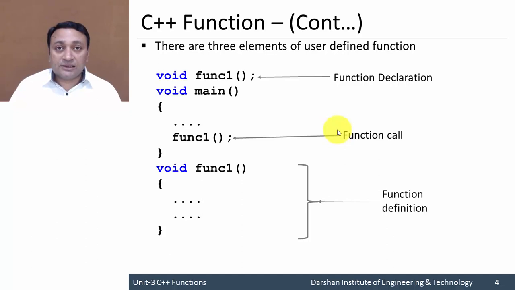In function definition we are supposed to write the function body, that is the set of instructions to be performed. Suppose we want to create a function to calculate age of a person, so the function name will be age. To calculate age we will write code here and we will declare that function at the beginning of the program or before main, right?